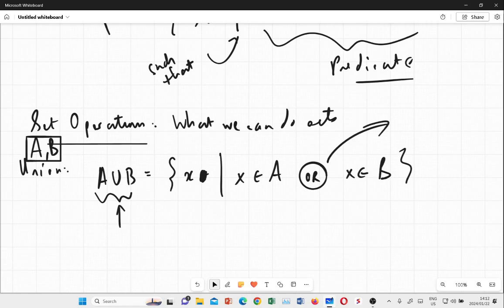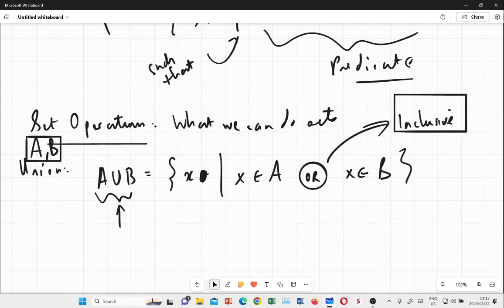Now remember that in English, when we were small, our daddy used to say, do you want chocolate or ice cream? And it was exclusive. You couldn't say, I want both, okay? But in set theory, this word is used in an inclusive sense, so it basically means both can even be true.